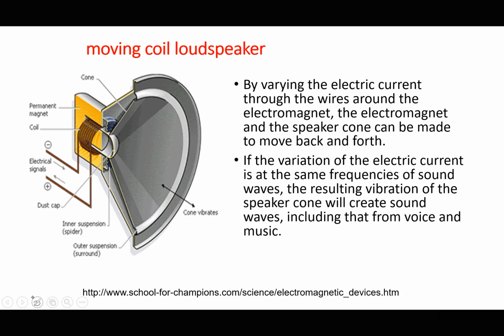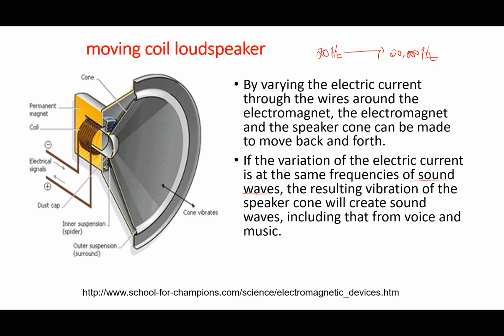If the variation of the electric current is at the same frequencies as sound waves, for example the frequencies detected by the human ear, which are between 20 hertz and around 20,000 hertz, that is, if the frequency of the alternating current is the same as the sound waves, then the cone is going to be vibrating with the frequency of sound waves which can be detected by the human ears. These include those from voice and music.